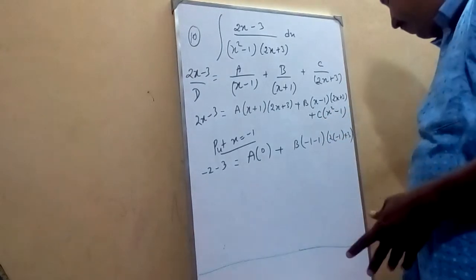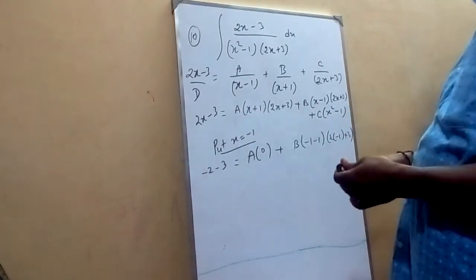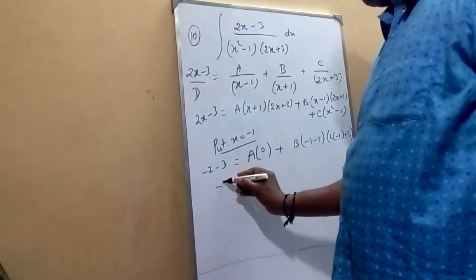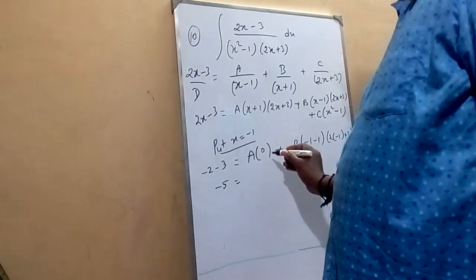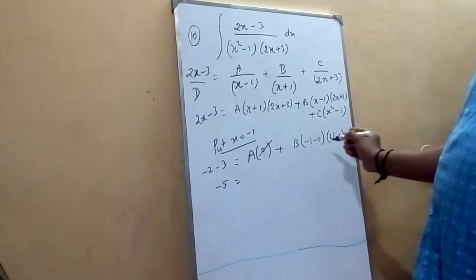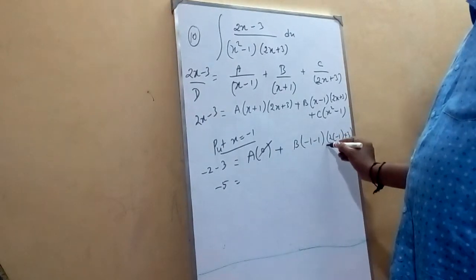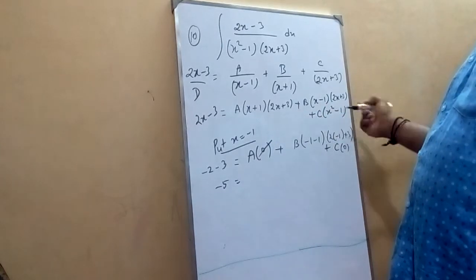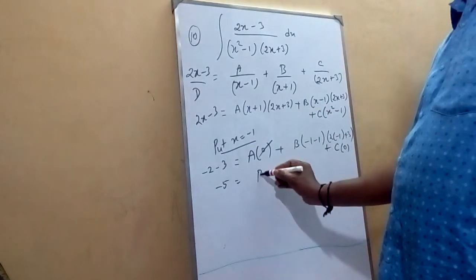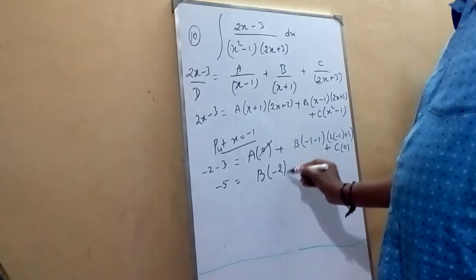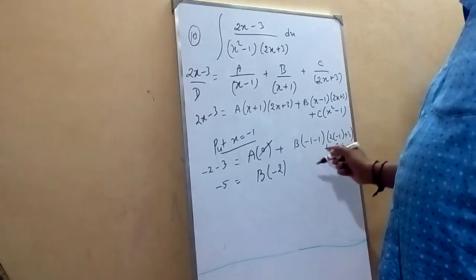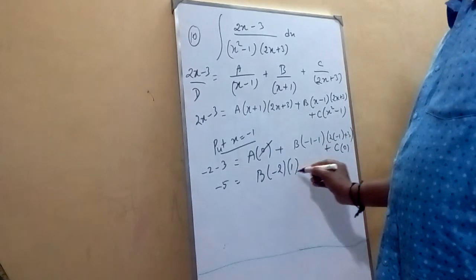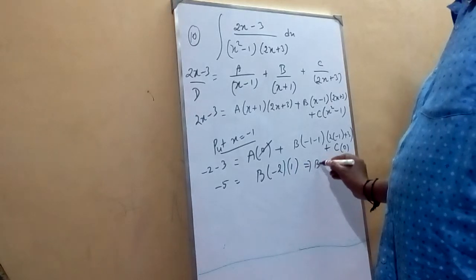So this becomes minus 5, and the A term becomes 0, cancel it, and the C term is also 0 because minus 1 squared minus 1 is 0. B into minus 2, and minus 2 plus 3 is 1. So B is equal to 2 by 5.